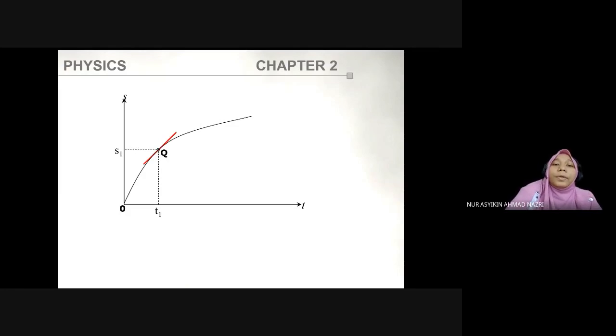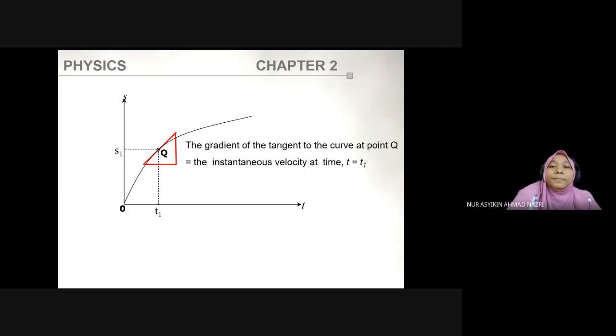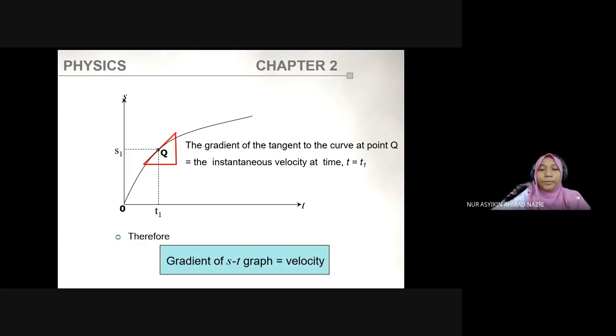Okay, so now kita nak tengok dalam bentuk graf pula. So the gradient of the tangent of the curve at point Q is the instantaneous velocity at time T. So let's say we want to find instantaneous velocity. So cara dia tu macam lebih kurang average velocity juga.